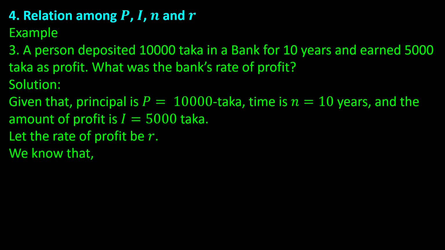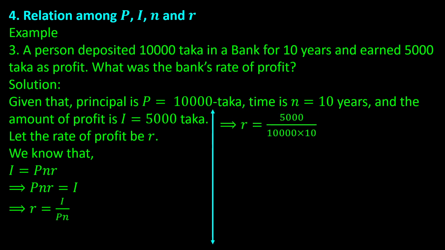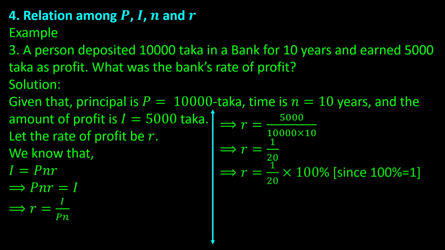Let us consider the rate of profit be R. We know that I equals PNR, so PNR equals I, R equals I divided by PN. Now putting the values of I, P and N on the right side of this equation, we get R equals 5,000 divided by 10,000 into 10.